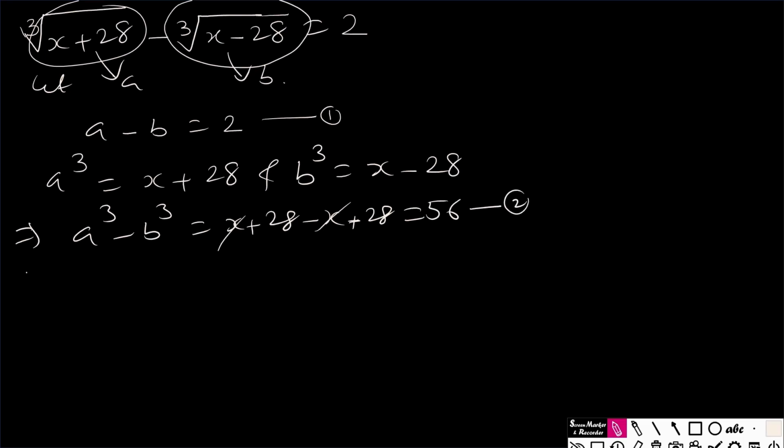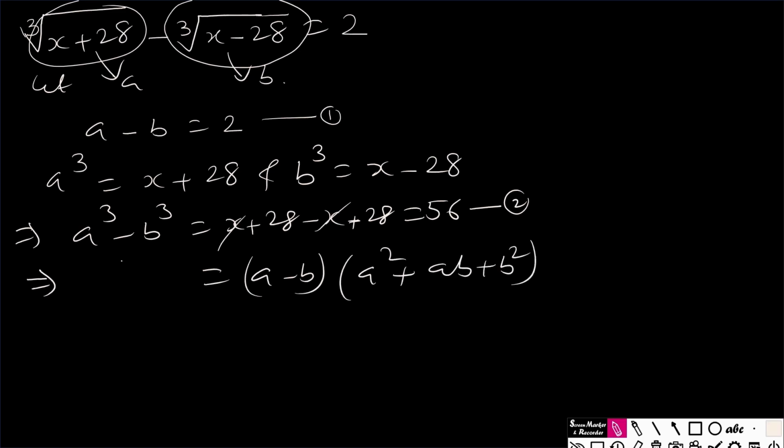Now we know that the formula for a cubed minus b cubed is a minus b into a squared plus ab plus b squared. Here a cubed minus b cubed we have already as 56.